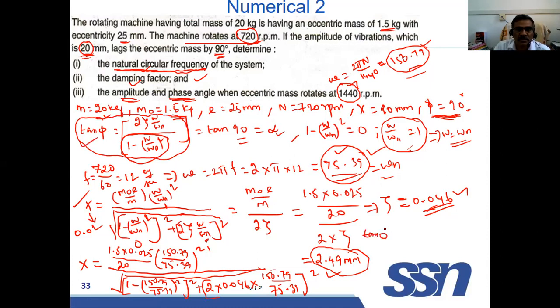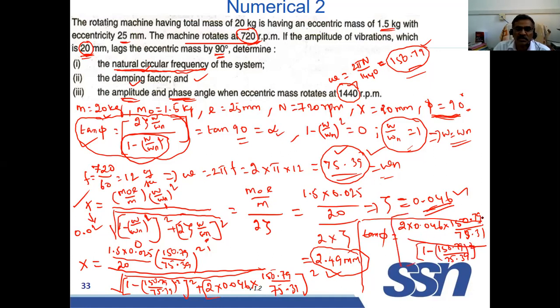So tan phi is equal to 2 into psi, 0.046, multiplied by omega by omega n, that is 150.79 divided by 75.39, divided by 1 minus omega by omega n, 150.79 divided by 75.39, the whole square.